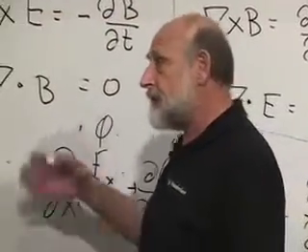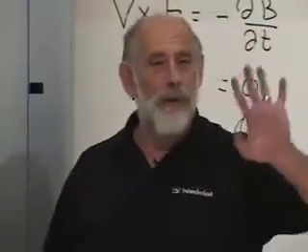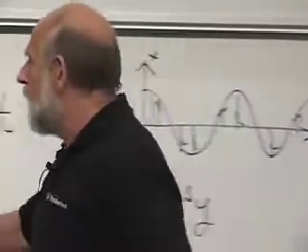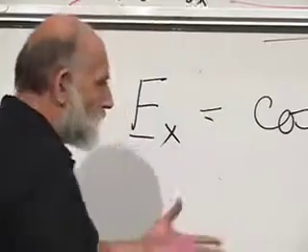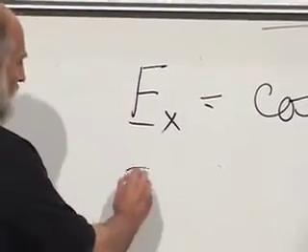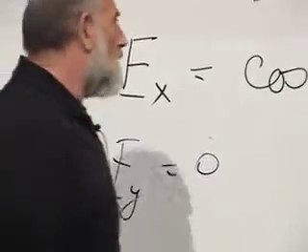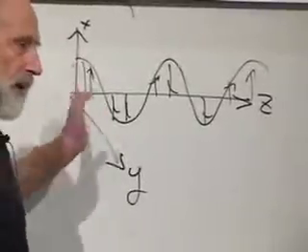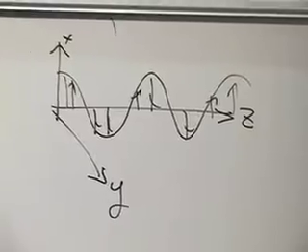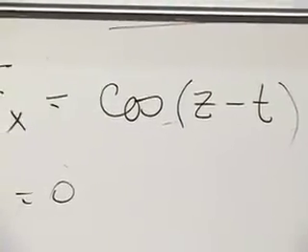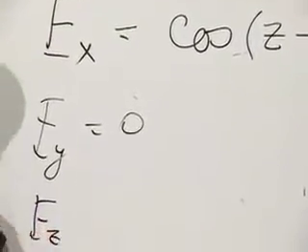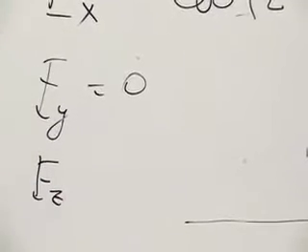Wait, before we do that, we've decided somewhat arbitrarily to set the y component equal to 0. We could have put a y component in also, but I decided just to keep it simple. What about the z component of the electric field? Let me prove to you that it has to be 0.